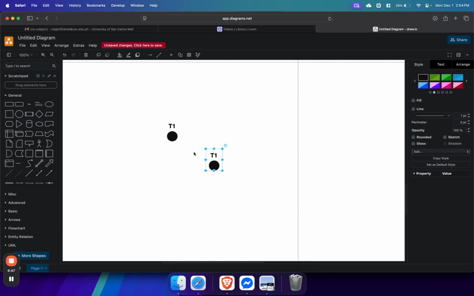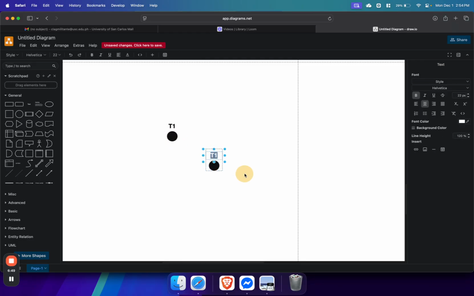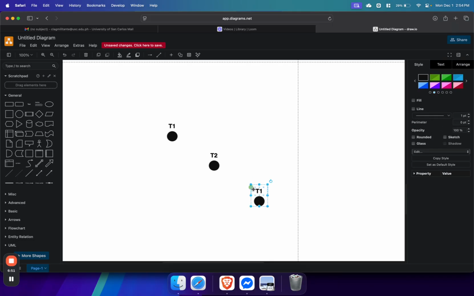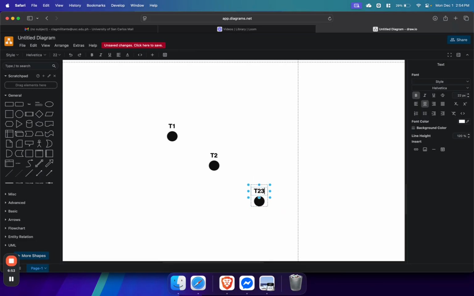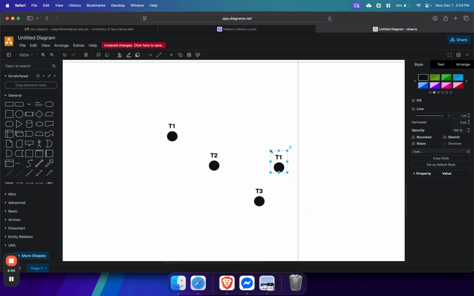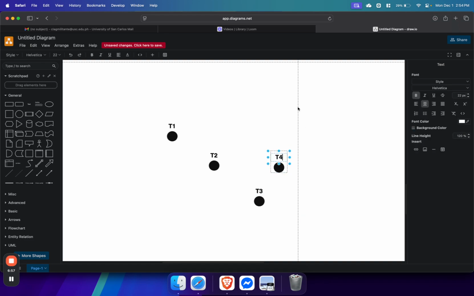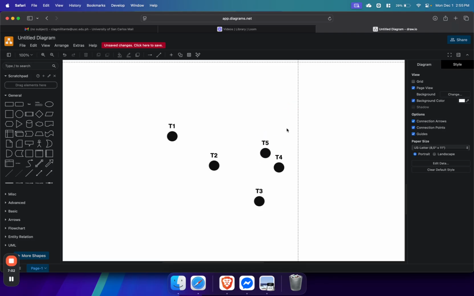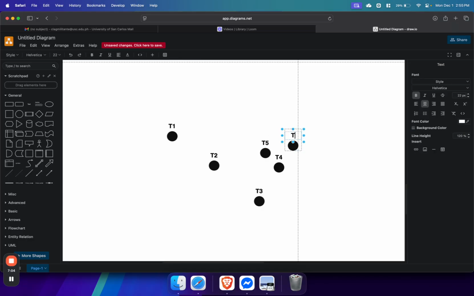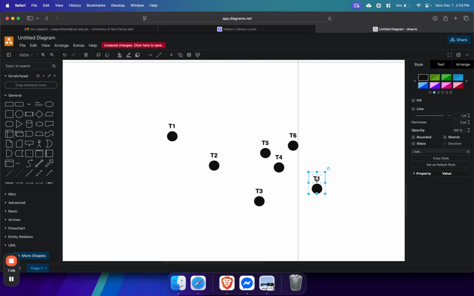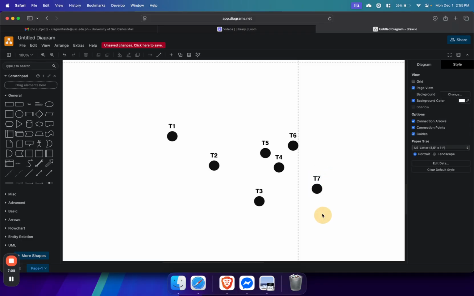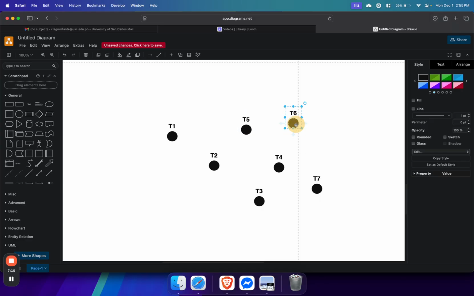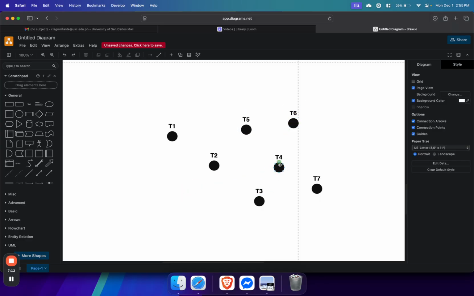So let's recreate this specific example by drawing 7 different teams as vertices. So T4, we have T5, we have T6, and we have T7. How would we represent this graph?